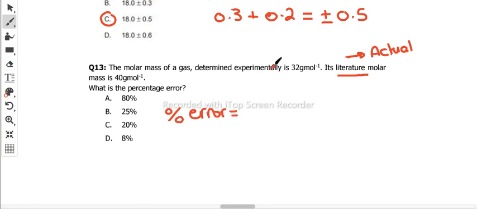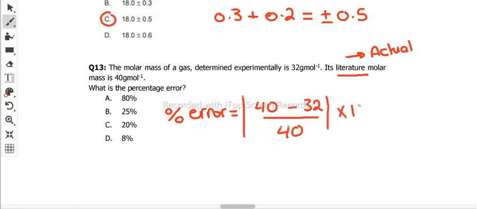In the percentage error, we take the absolute value, since it is a positive answer: the actual value, which is 40, minus the experimental value, which is 32, divided over the actual, which is 40, times 100%. 40 minus 32 is an 8, divided over 40, times 100%.